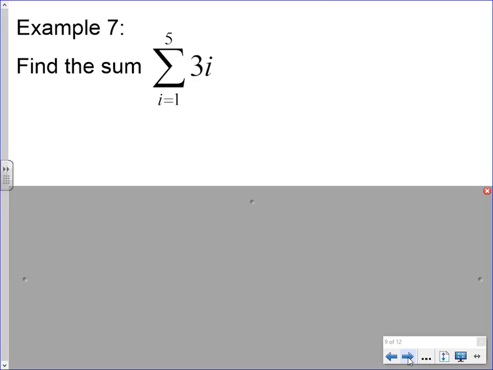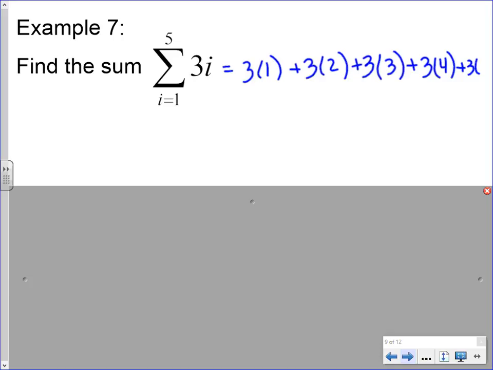Okay, so what does this mean right here? We are going to begin at what number? 1, and we are going to stop at 5. So we are going to plug in 1, and then plug in 2, and then plug in 3, and then plug in 4, and then plug in 5. 3i plus 3i plus 3i.